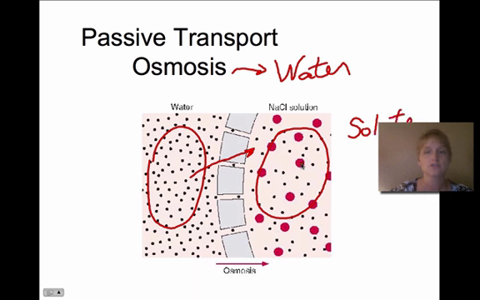It has more salt, so the water is going to move this way. The reason the salt doesn't move is it gets blocked by this membrane. The barrier says, nope, can't go through there. So the water can move, but the solute can't. The water moves to this side until an equilibrium is reached.